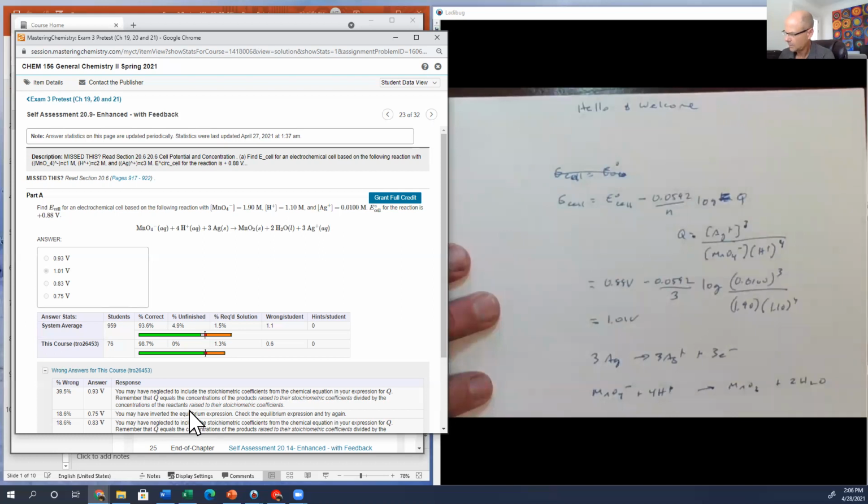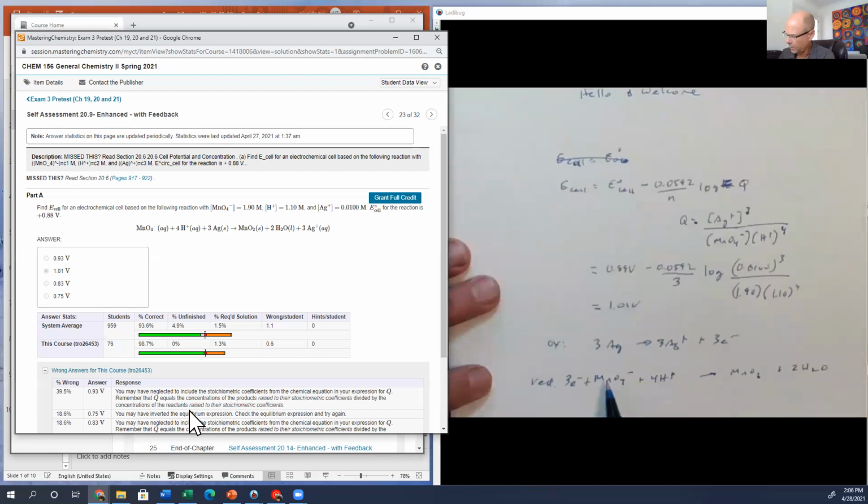In terms of balancing this reduction, you need 3 electrons on that side, because you have minus 1 and 3 plus. So 3 electrons makes it 0 on that side because it's 0 on the other side.